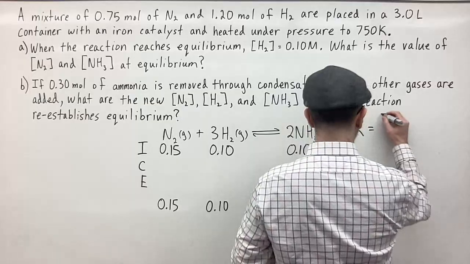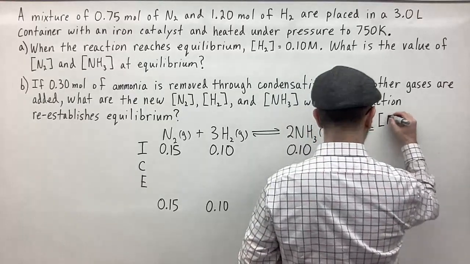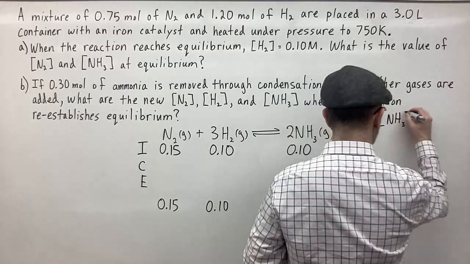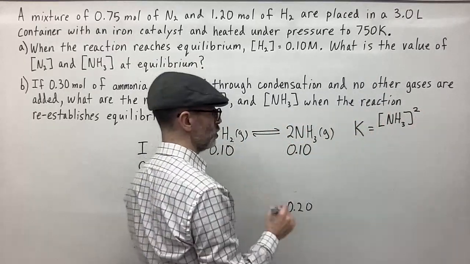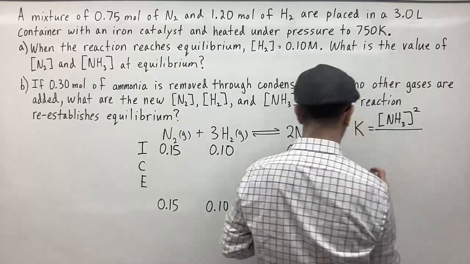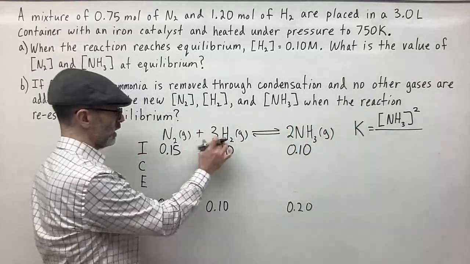So here we have the concentration of NH3, and that's going to be squared because we have a coefficient of 2, divided by the concentrations of the reactants.